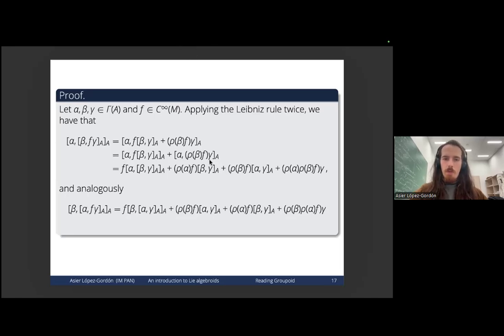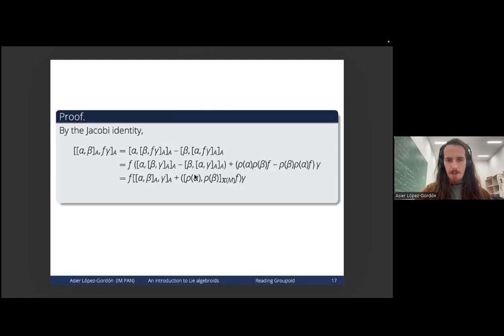And the proof, well, it's a slightly long computation, but it's straightforward, applying usual properties of the Lie brackets. So first we can apply twice the Leibniz rule to this bracket of brackets to express it like this, and the same for this other bracket. And as you can imagine, we will now apply the Jacobi identity.